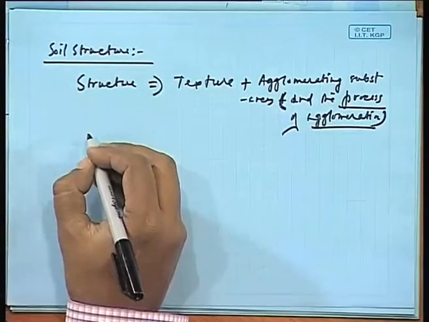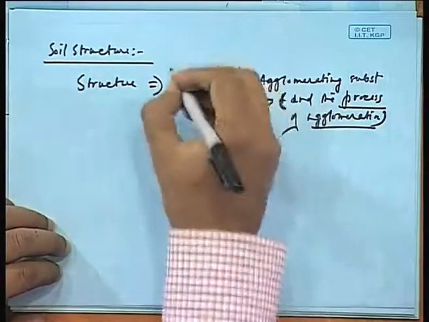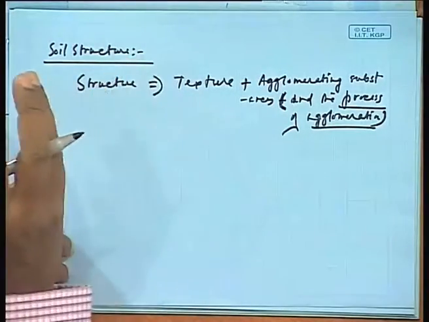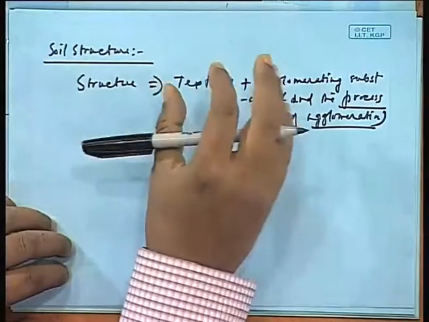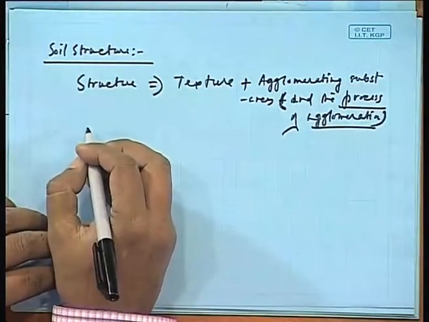Here, the different kinds of agglomerating substances we have discussed are sand, silt and clay. We'll come back to what these particles are all about, but these agglomerating substances are of great importance.